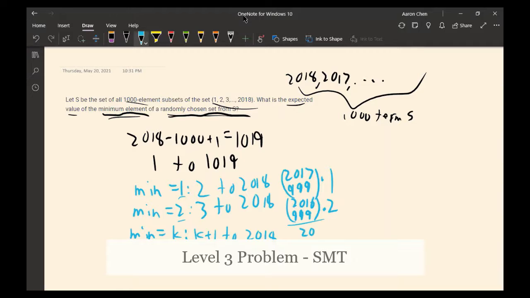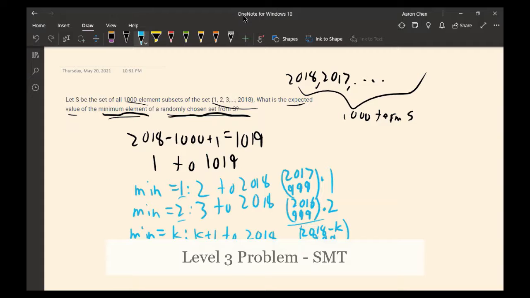And so that means that there's a total of 2018 minus k choose 999 ways to choose a set of 1,000 values with the minimum being k.